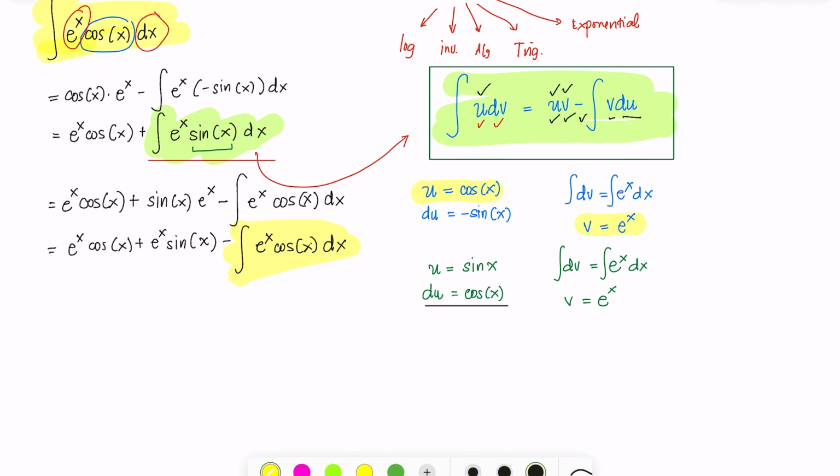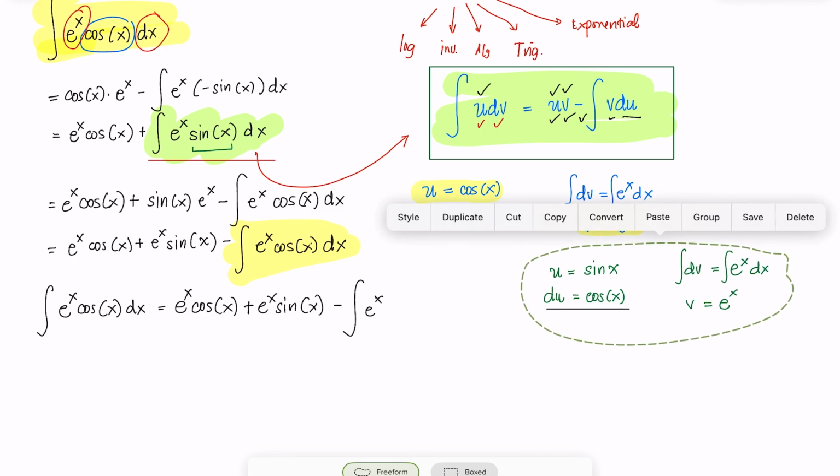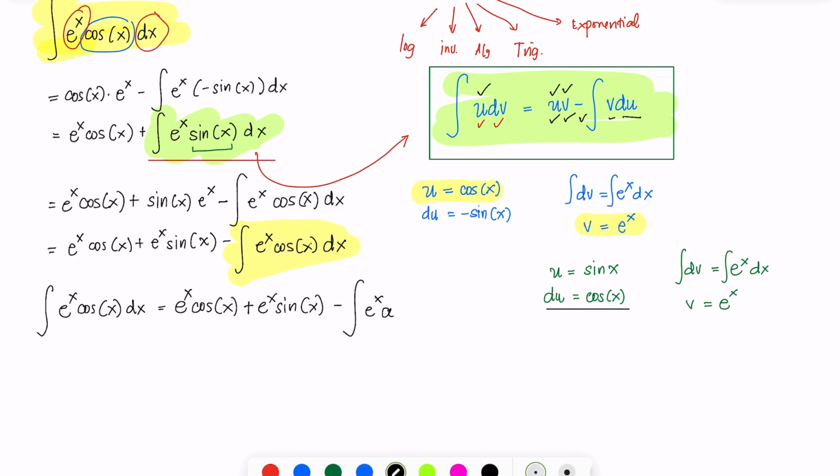So if I'm going to actually write everything, the integral of e to the x cosine of x dx is simply equal to e to the x cosine of x plus e to the x sine of x minus the integral of e to the x cosine of x dx.